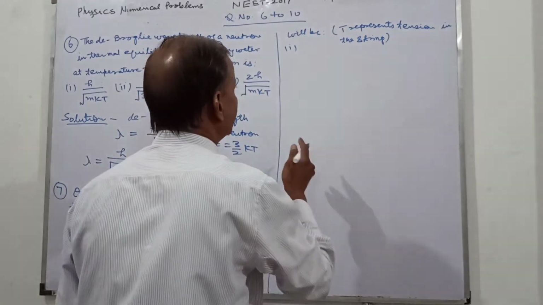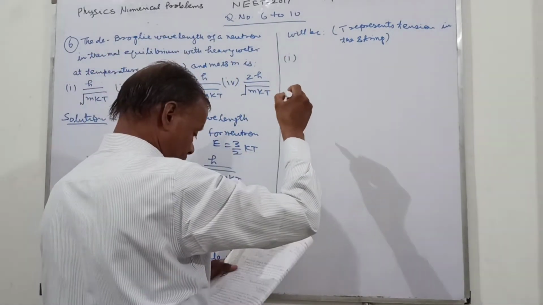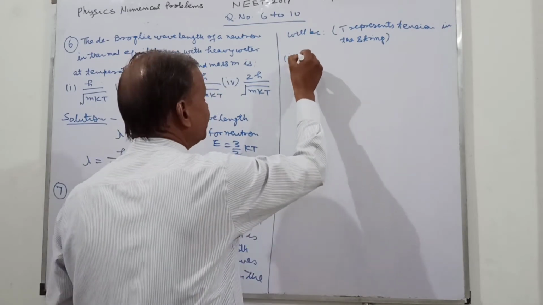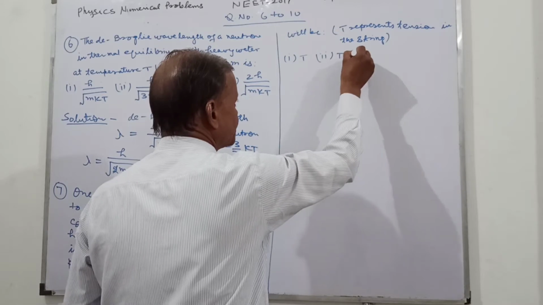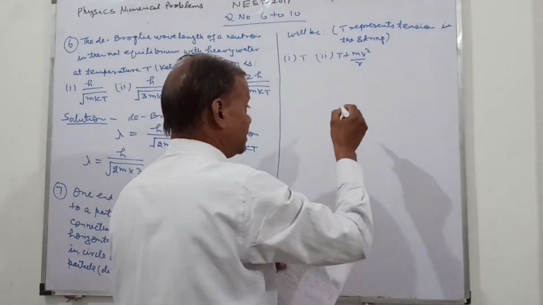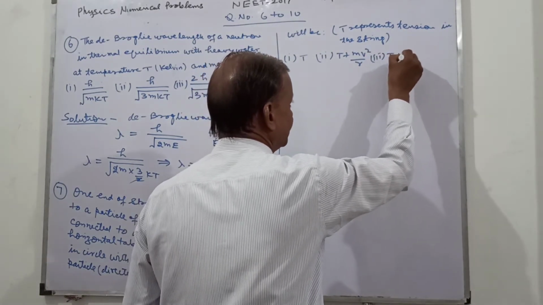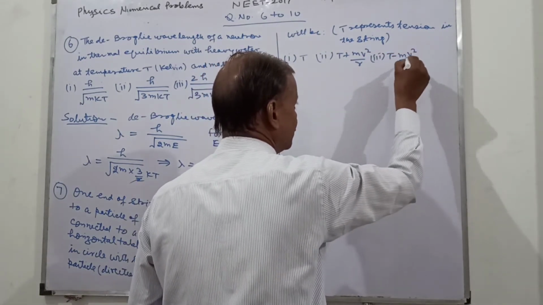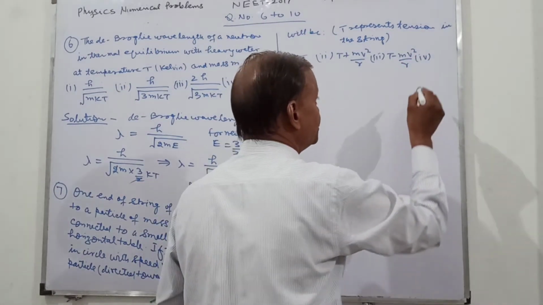This is given here. The first option is T, second is T plus mv square upon r, third is T minus mv square upon r, and fourth option is 0.